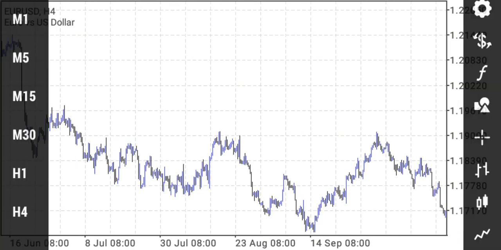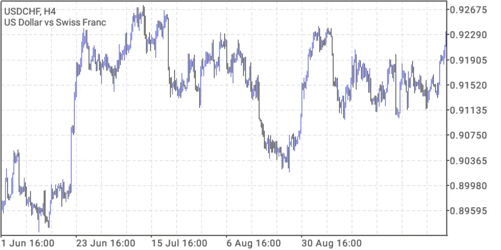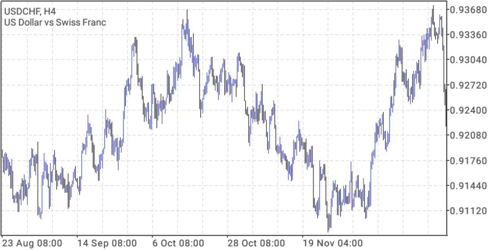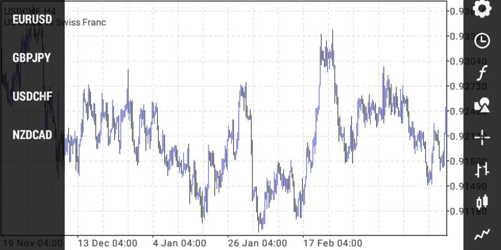Let's see if we can see a support zone. Same thing you can do here.